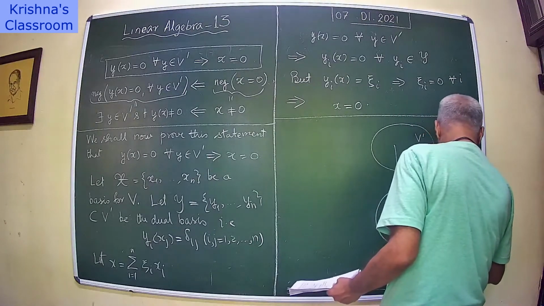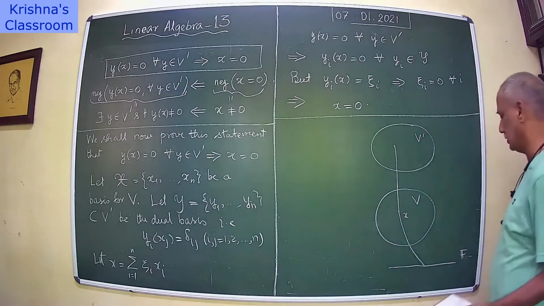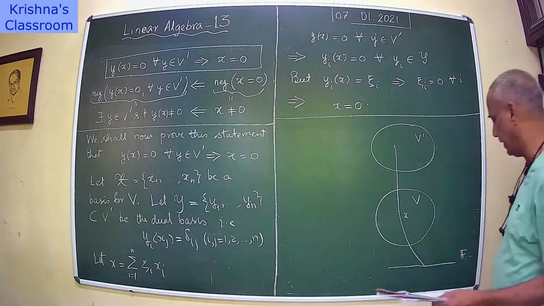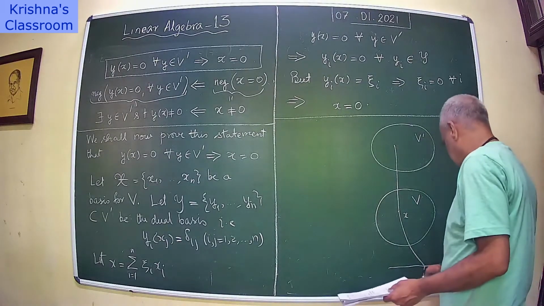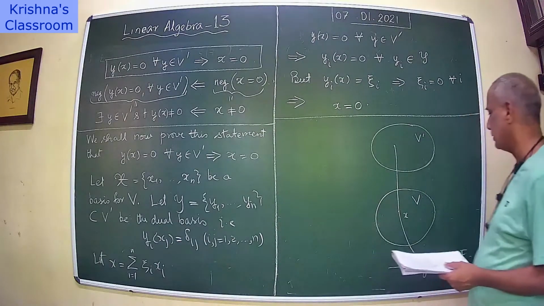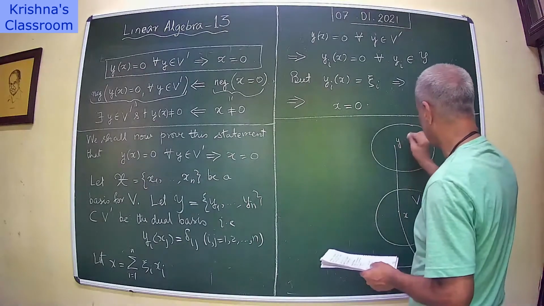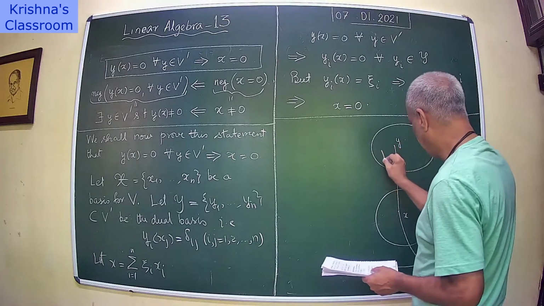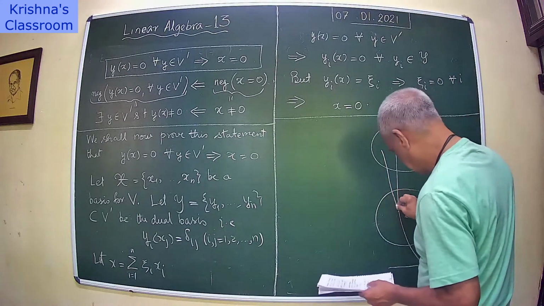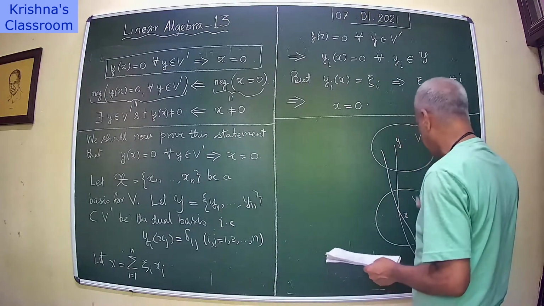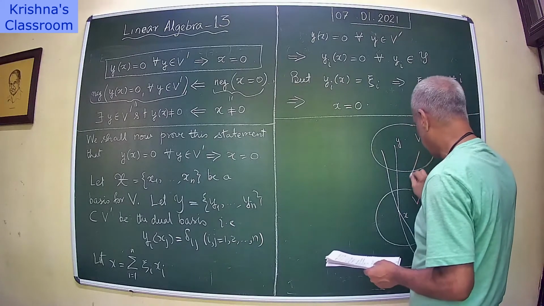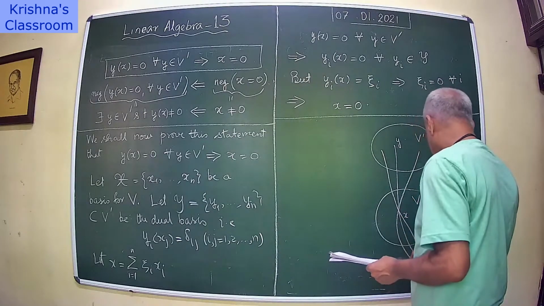Suppose this is your B, symbolically represented by a line. So this is the 0 set, this is the 0 element. Now suppose for every y this maps to 0.